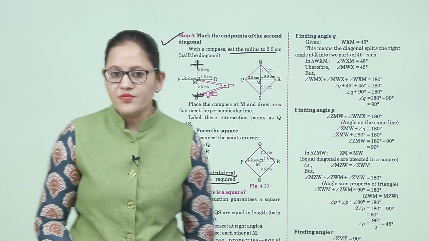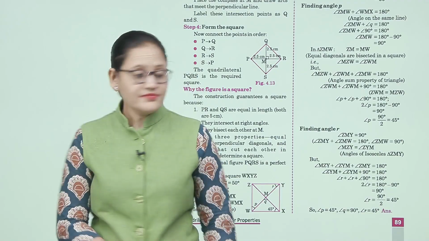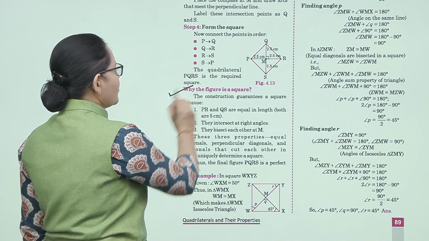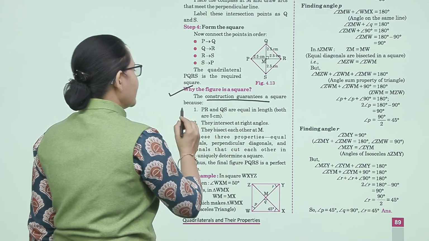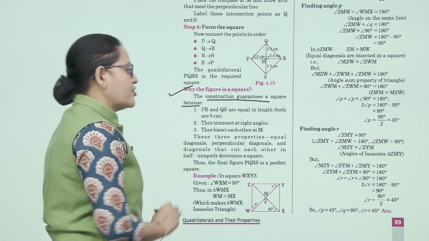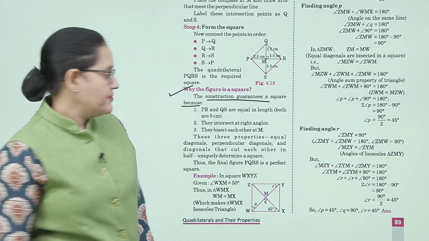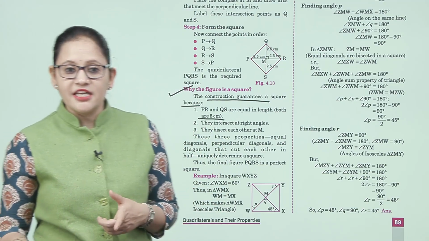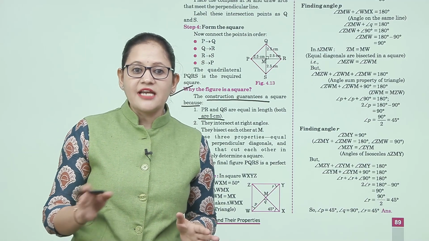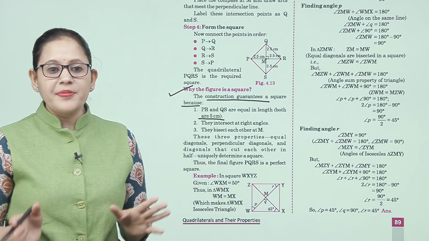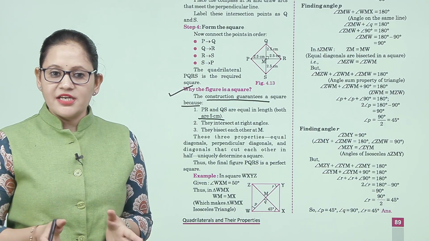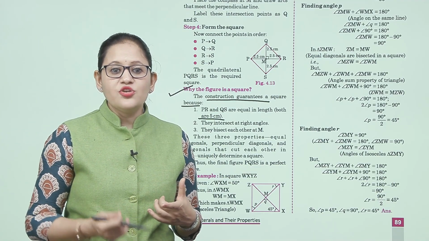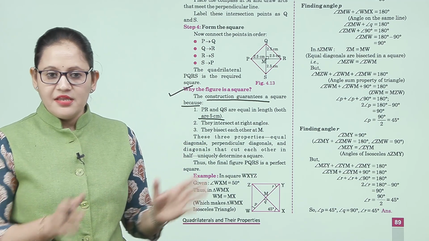Now why is this figure a square? The construction guarantees the square because PR and QS are equal in length. Both are 5 centimeters. They intersect each other at right angles and bisect each other at M. These three properties, equal diagonals, perpendicular diagonals and diagonals that cut each other in half, uniquely determine a square.